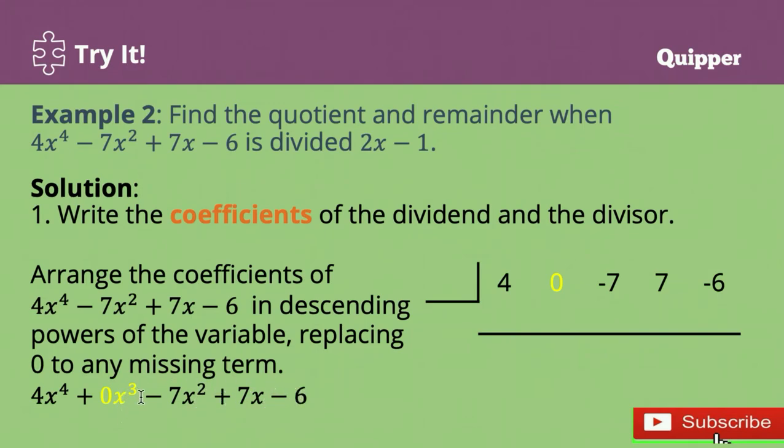The purpose of adding 0 for the missing term is just to give space. Getting now the numerical coefficients of this dividend, we have 4 for the leading term and 0 for the cubic term, negative 7 for the quadratic term, positive 7 for the linear term, and negative 6 for the constant term.